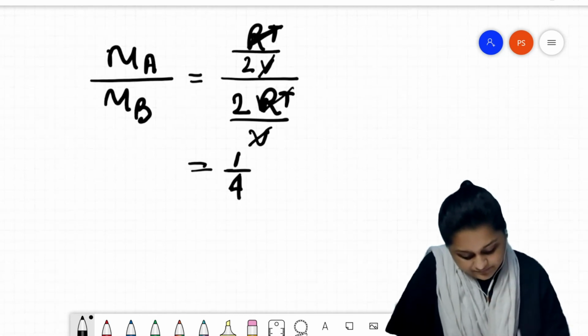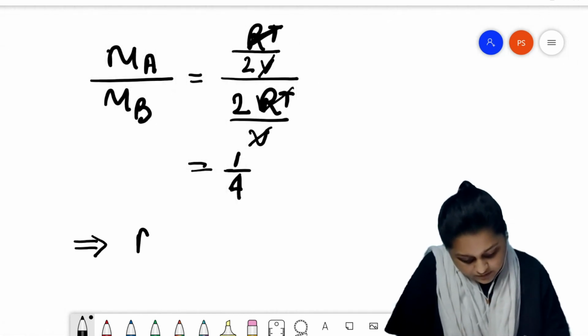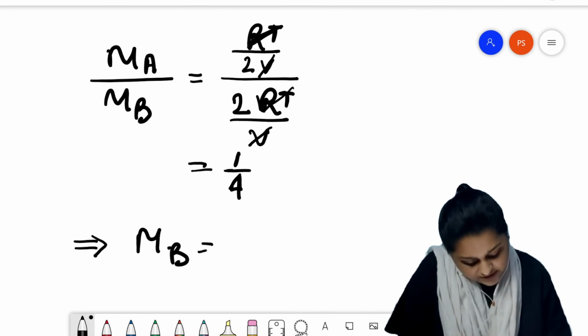That is, molecular mass of B is 4 times the molecular mass of A.